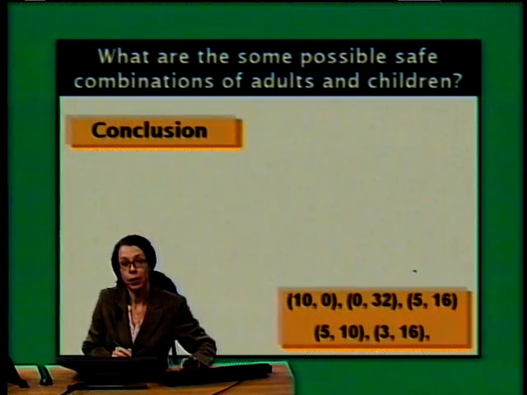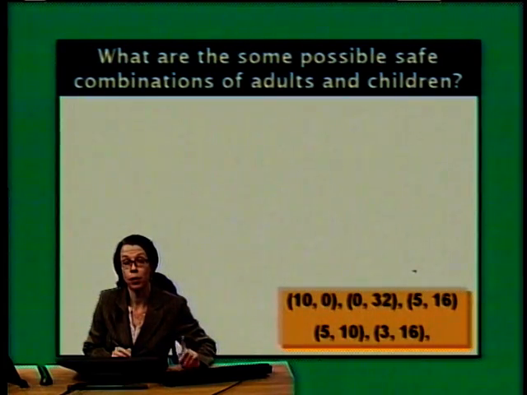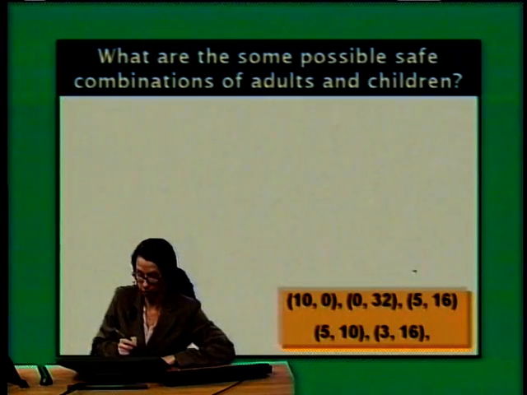So the two intercepts gave us some information, as did the point (5, 16). These were all the points where we were at capacity.